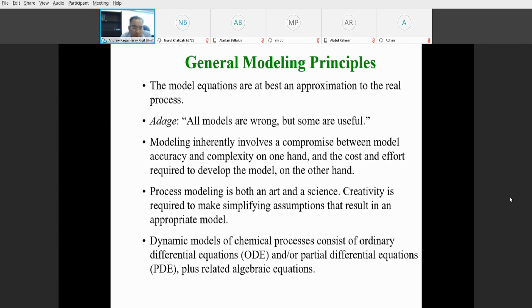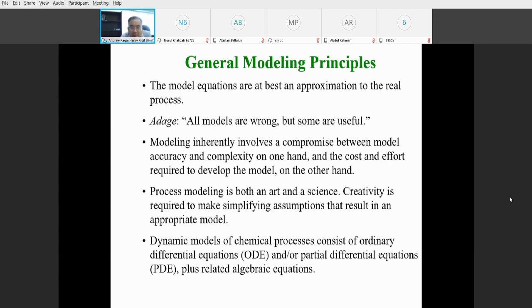When you come up with assumptions, it is only as good as your assumptions. If you come up with bad assumptions, the models are probably not 100% correct. So that's why we say that all models are wrong. But nevertheless, based on the assumptions that we made for that particular process, it will be useful.